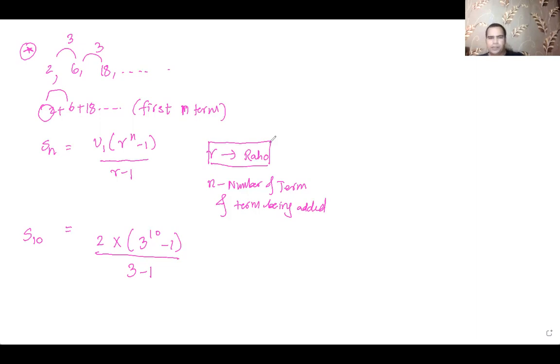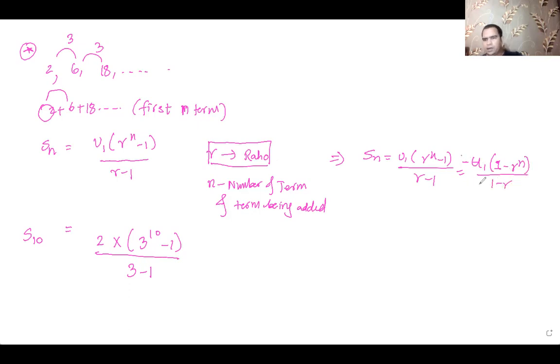And another interesting thing is that you can manipulate this formula a little bit to get the second formula. So the Sn formula for us is u1 r to the power n minus 1 over r minus 1. This can also be written as, if I take minus common from the numerator, I'll get minus u1 times 1 minus r to the power n over 1 minus r.